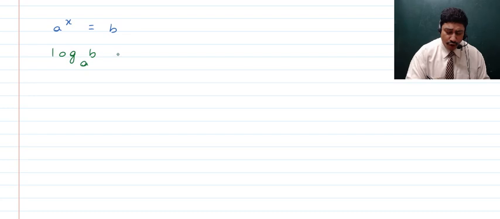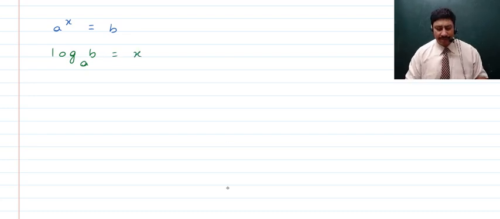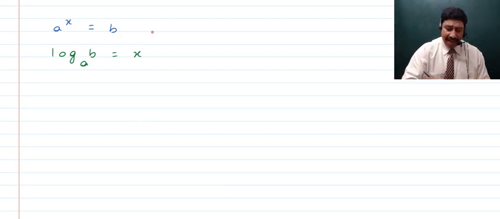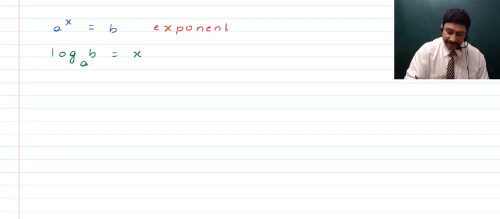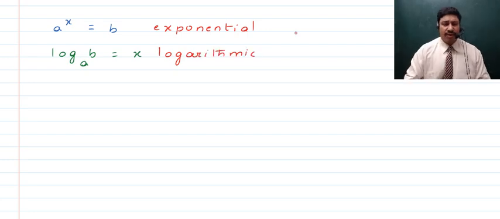That is, we'll have log b to the base a, which will become equal to x. So the earlier was the exponential form, and the next is the logarithmic form. So these are two forms which are used at different times, when the exponential form is required, and at the other time when the logarithmic form is required.